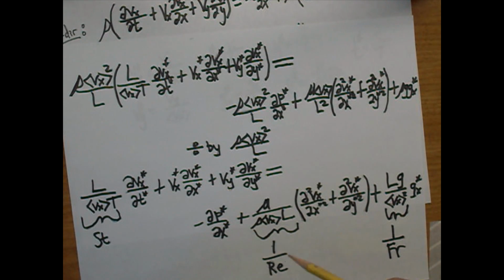So that's where it helps us to have a non-dimensionalized form here. Just knowing the Reynolds number, we can start to neglect certain terms. So these are the basic steps of how to non-dimensionalize the 2D Navier-Stokes equation.